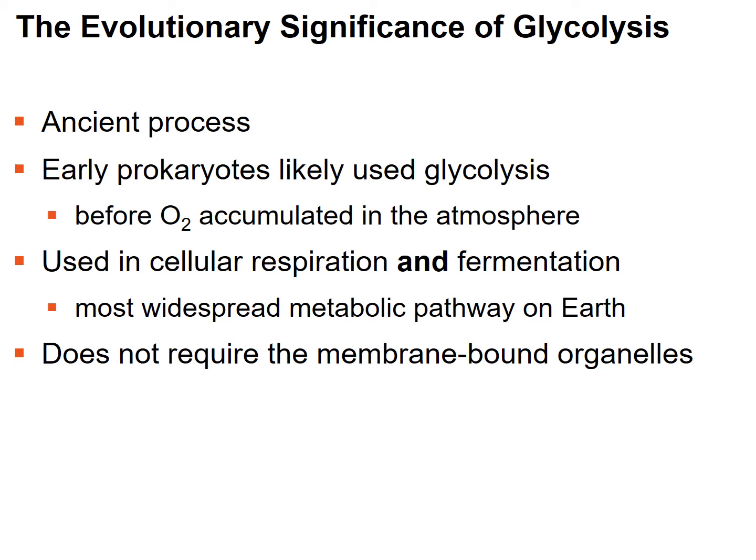So again, this exemplifies the fact that it is suspected to be the earliest and most ancient process, because all organisms actually use it, and most of the pathways utilize it first in order to start to break down things during the remaining catabolic pathways. Now, it does occur in the cytosol, and that makes sense because earlier organisms did not have organelles, right?